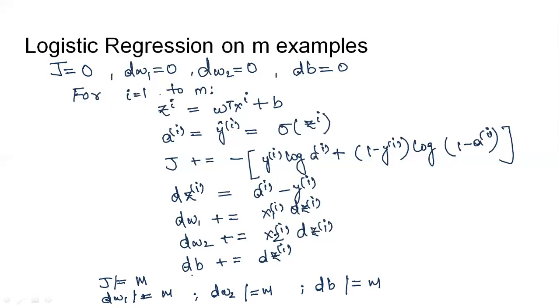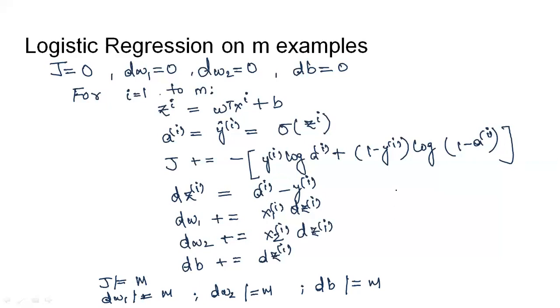So we have calculated the average final value of J by dividing it by m, because there are m training examples, and similarly we have done it for the derivatives dw1, dw2 and db also.